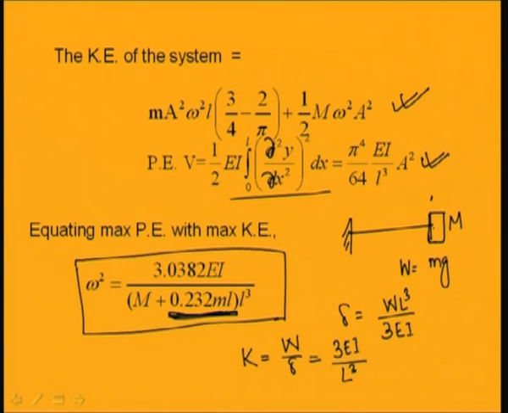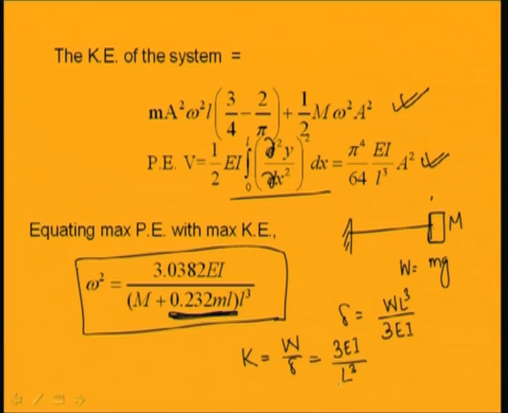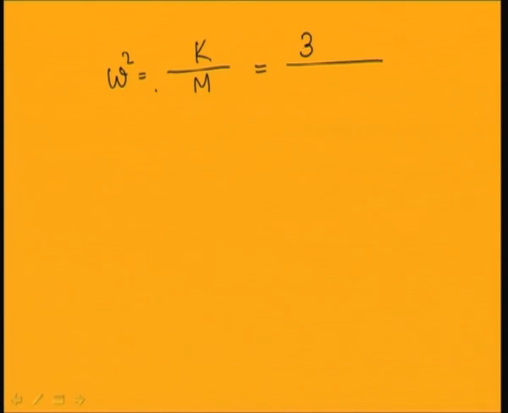We already obtained k equal to 3 E I by L cube and the mass is m, so this becomes 3 E I by m L cube.